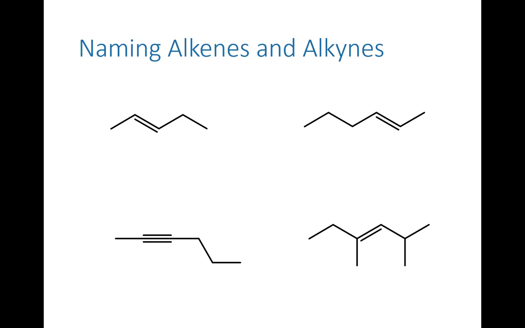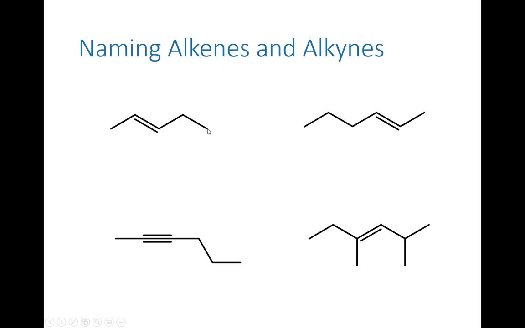Let's practice some with skeletal structures. So let's take a look at this molecule here. We first want to find the longest chain that contains the double bond. So there's only one chain here, and it's clearly got 5 carbons. Which way do I want to number? Well, if I number starting on this side, 1, 2, the alkene begins on carbon number 2.